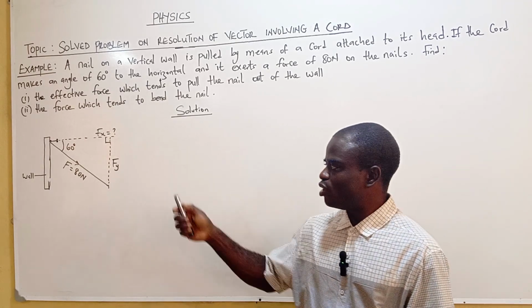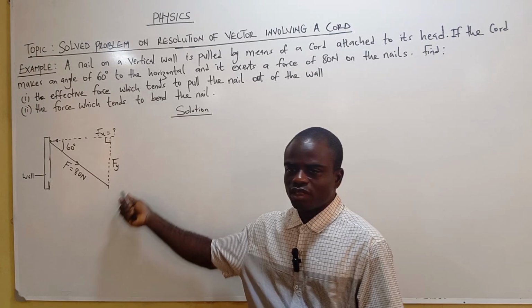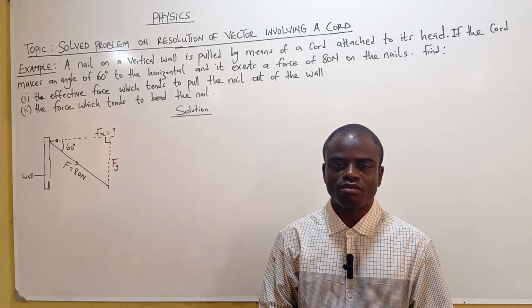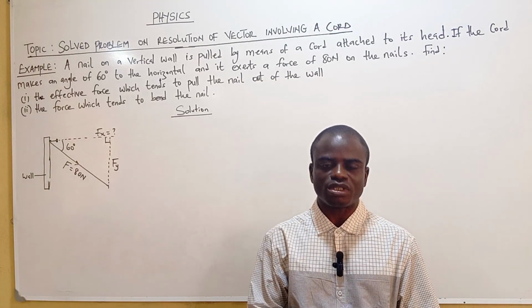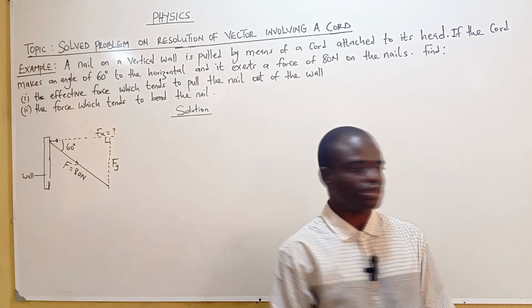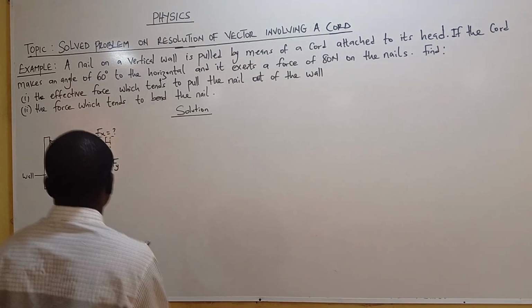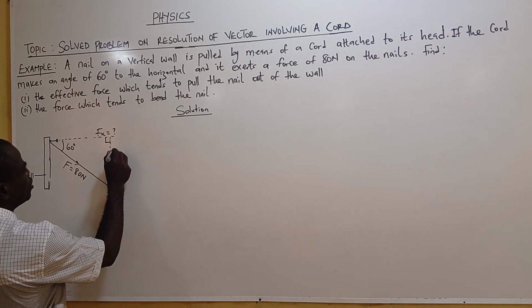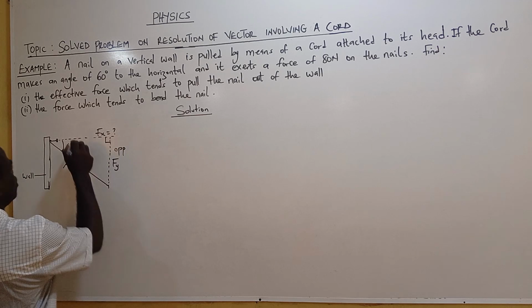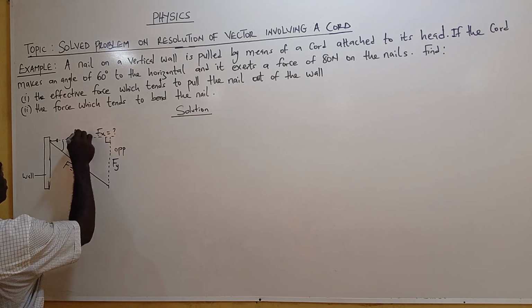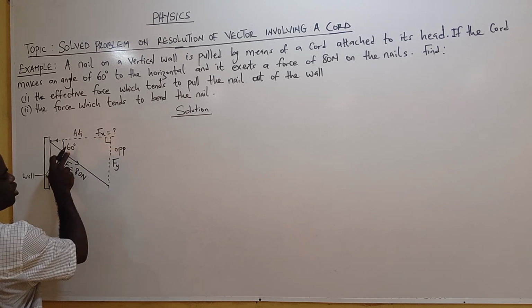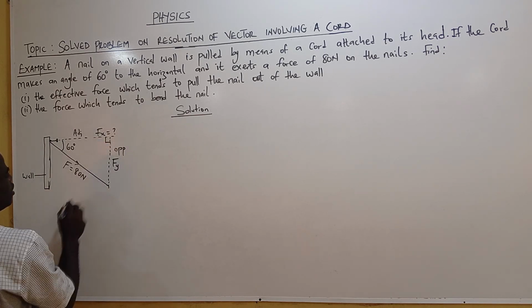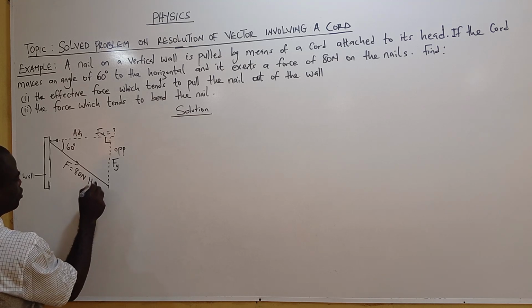Don't make use of the right angle Pythagoras theorem for triangles that are not right angle triangles. Now in this case, you have the opposite, you have the adjacent. This line is opposite to the angle, while this is the adjacent, and this is the hypotenuse.